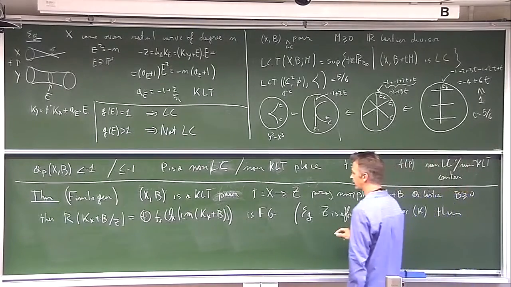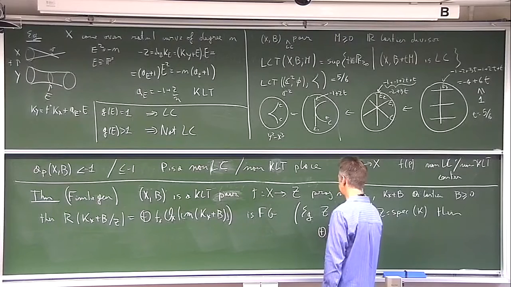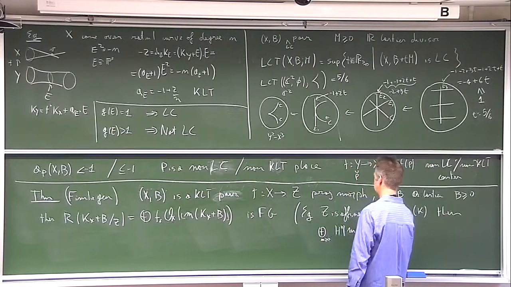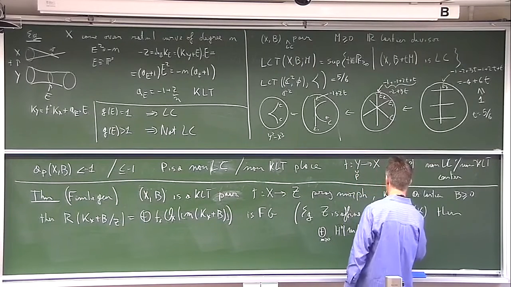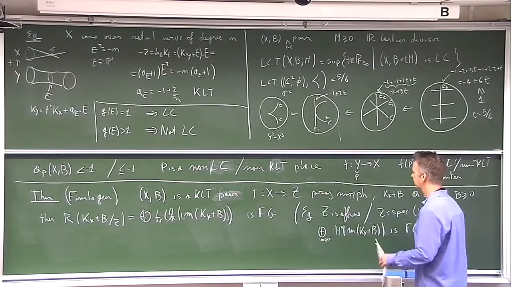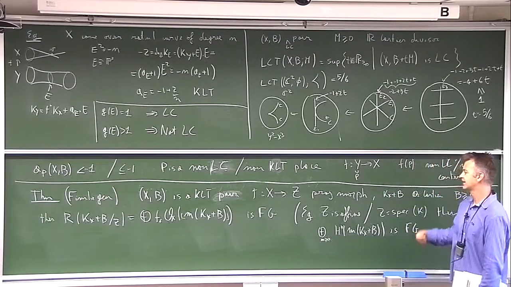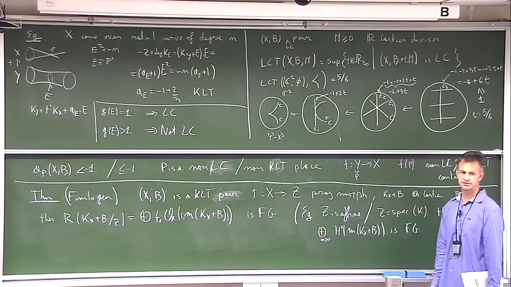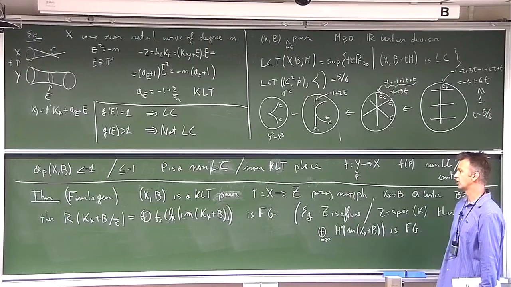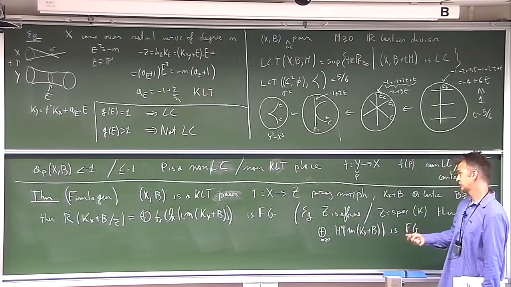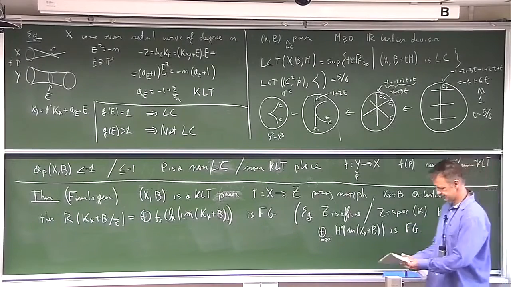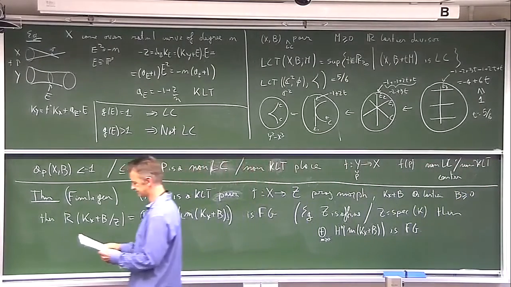Then what you're asking is that the canonical ring, the direct sum for m greater or equal to 0 of H^0 of m(K_X plus B), is finitely generated. Right, because if Z is affine, then the push forward is just determined by the global sections as an O_Z module. So if it's Spec A, it's an A module. Okay, so that's what the result says.